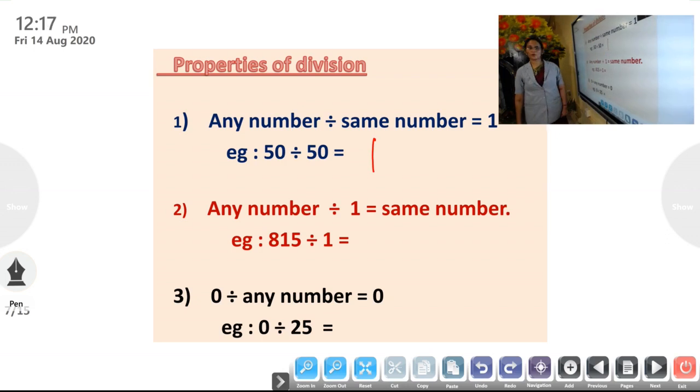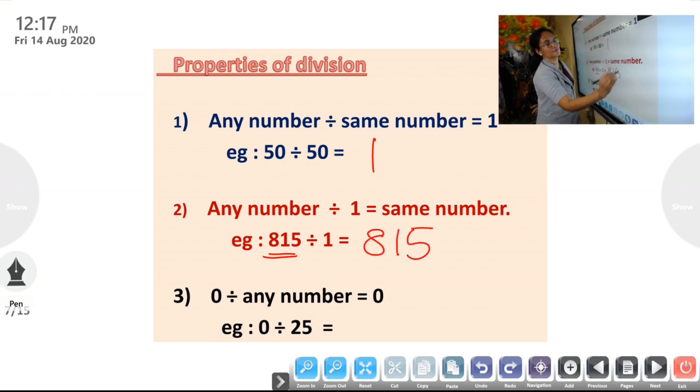Second property, any number divided by 1 gives the same number. Example, 815 divided by 1. What will be the answer? This number itself, 815.